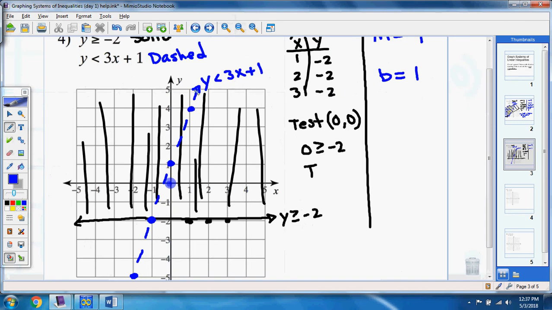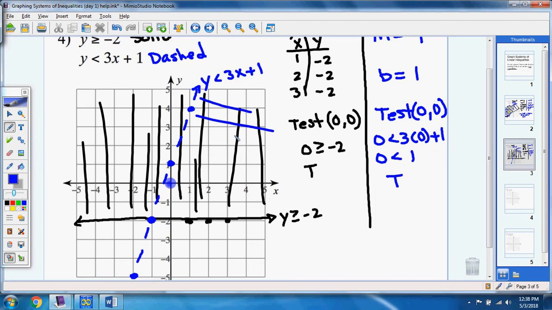So with my original problem for testing (0, 0), I have 0 is less than 3 times 0 plus 1. So I have 0 is less than 1. That is also true. So I'm going to shade the side with the origin for my blue line. That would be this side.